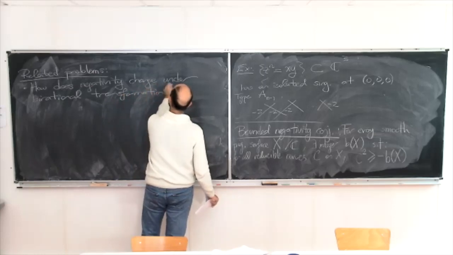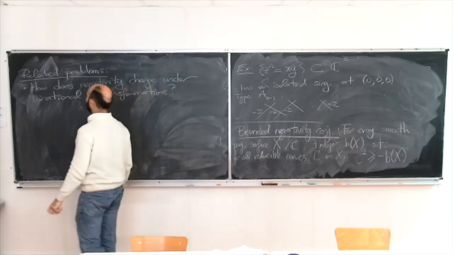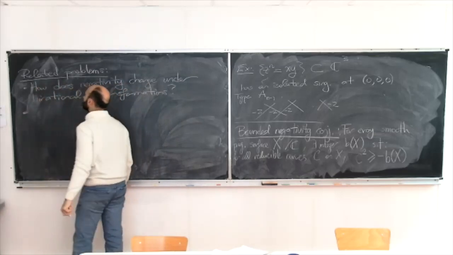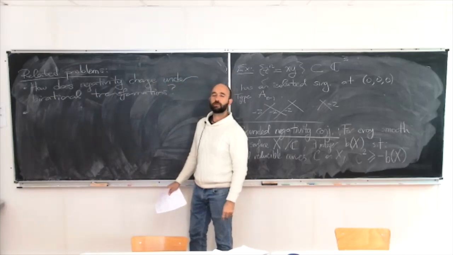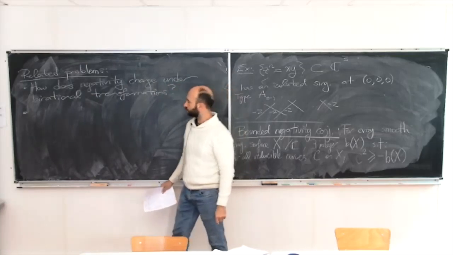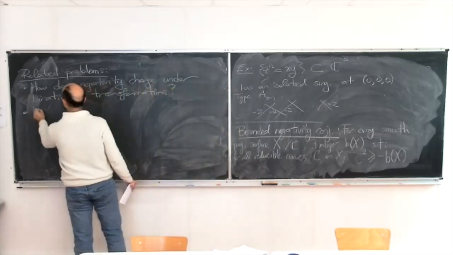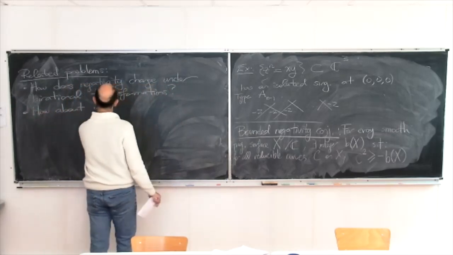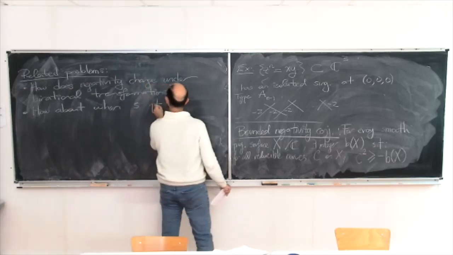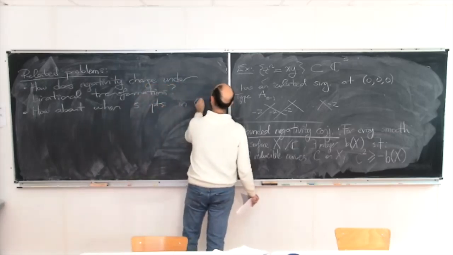And even the simplest instances of this problem, for example, how is this affected if you blow up a finite number of points inside CP2? How about when, let's say, s points in CP2 are blown up?